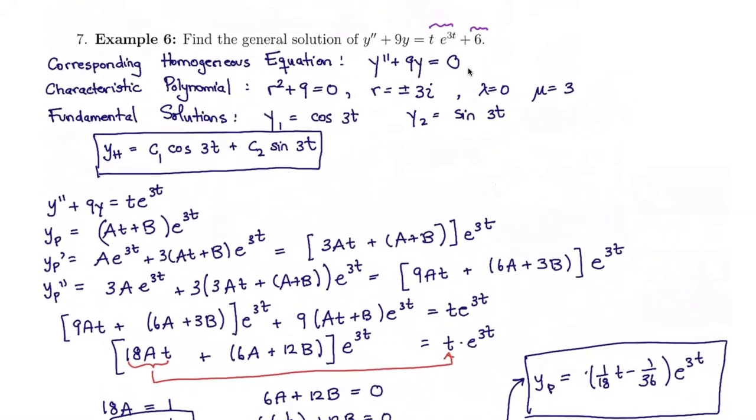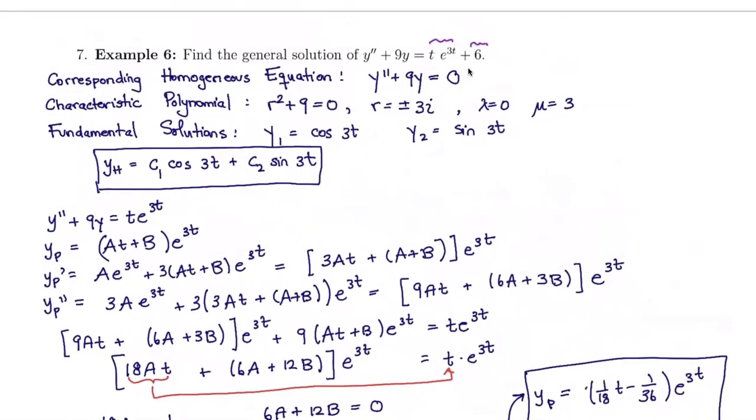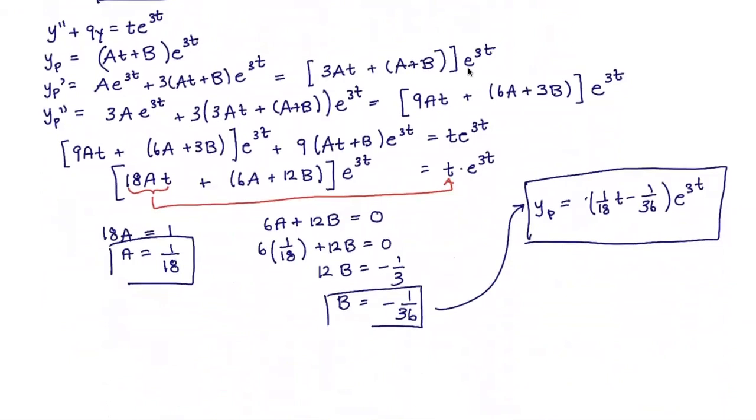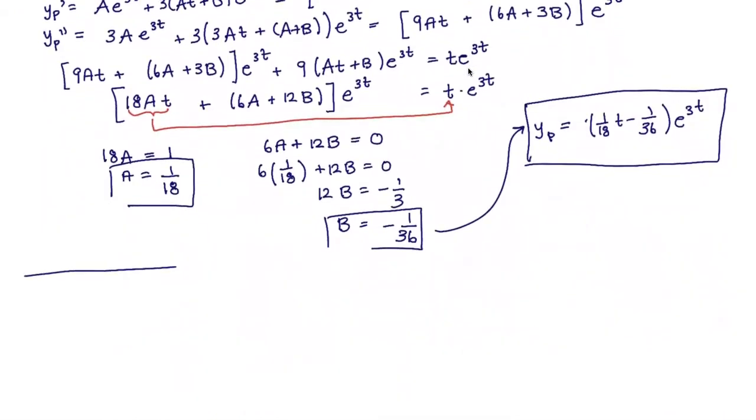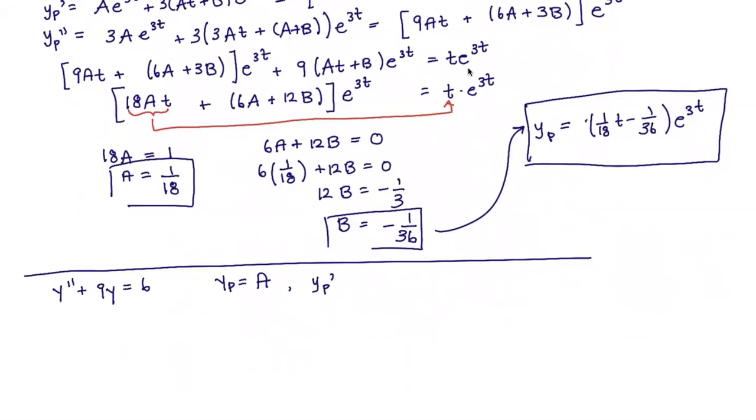Now, for the other particular solution, since it is just a constant, the guidelines specify that when I go to solve the following equation, y double prime plus 9y is equal to 6, I just simply guess that it will be a constant a, which, thank goodness, is much easier than dealing with the function that we just did.